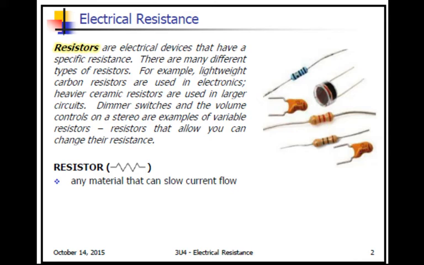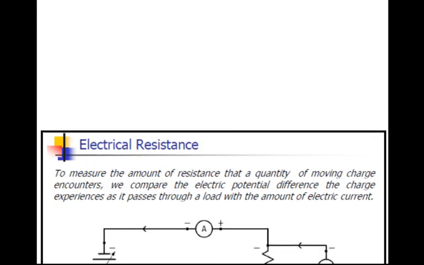So a resistor really is any type of material that slows current flow. In circuits and electronics, resistors are also used to control the current flow as well. But a load, basically an electrical device you're using, can also be thought of as a resistor.